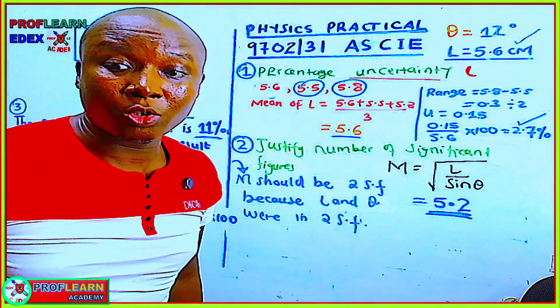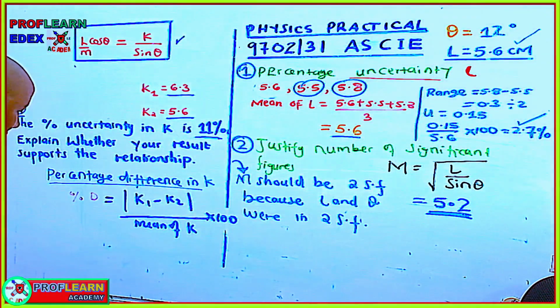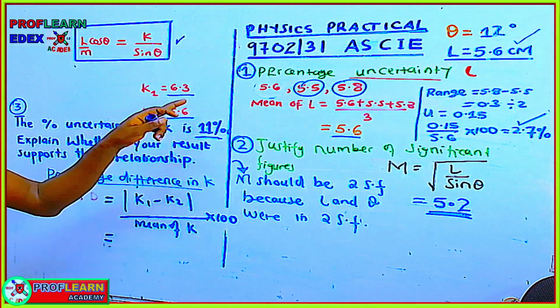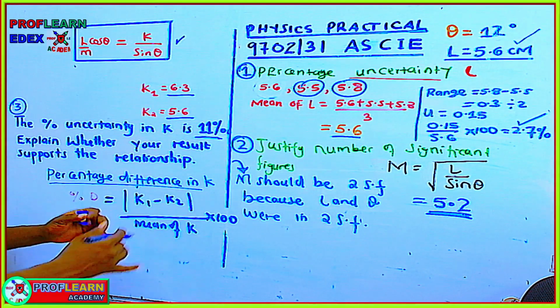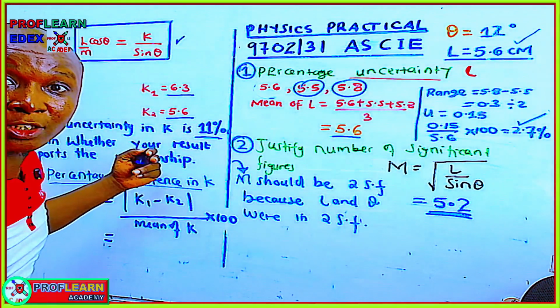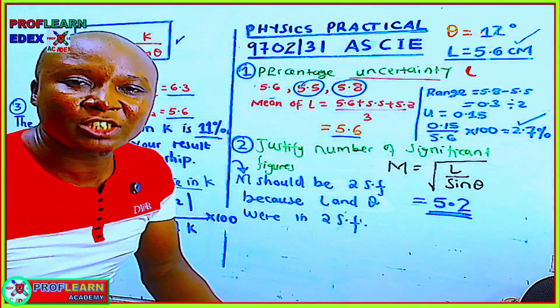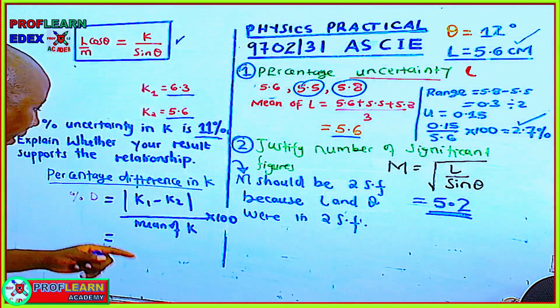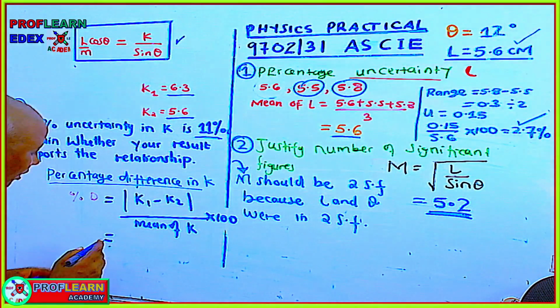That's exactly what you're going to do in order to earn that particular mark. Because if you subtract, you can even do K2 minus K1 or K1 minus K2. If you get a negative answer, you're supposed to take it positive. That's why we are having the absolute sign.